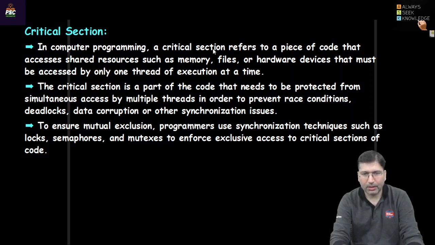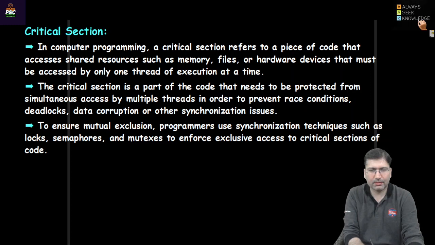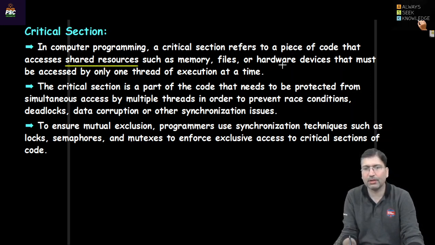So in computer programming, a critical section refers to a piece of code that accesses shared resources. Please do remember shared resources such as memory, files or hardware, any kind of shared resource that must be accessed by only one thread or process at a time.